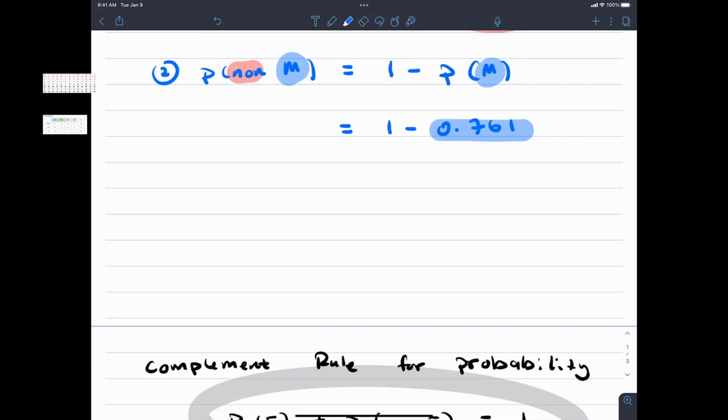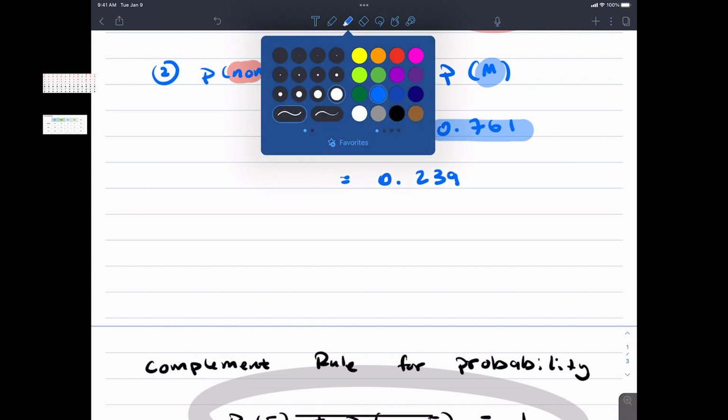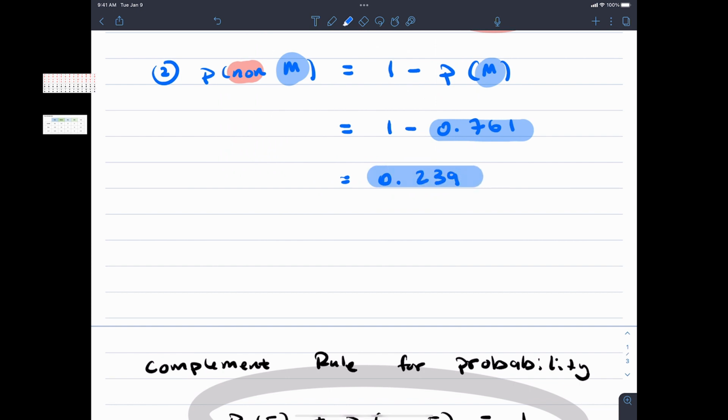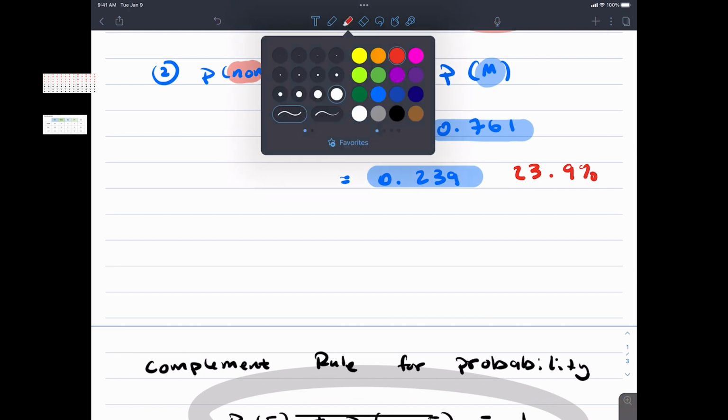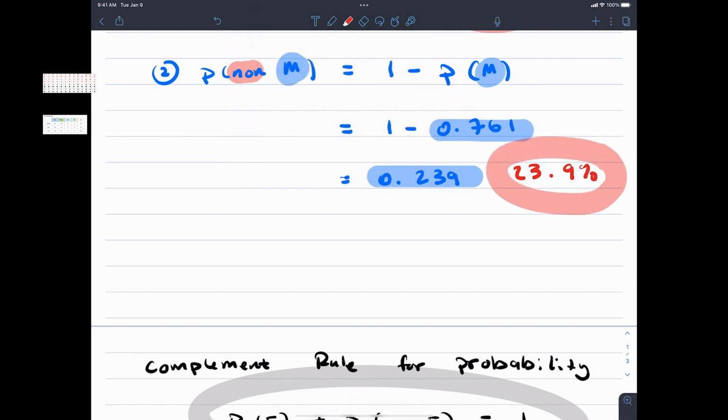So this equals 0.239. And just like before, 23.9% as a percent. The blue is the answer because they asked a probability question.